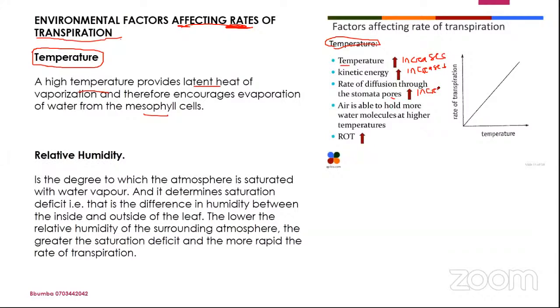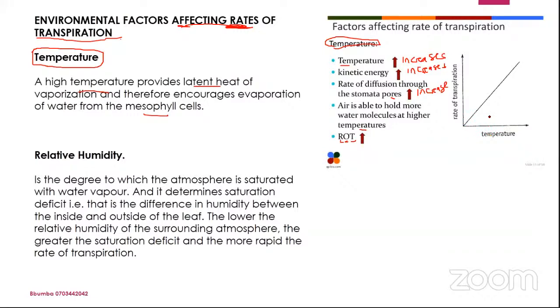Are you seeing how you explain this temperature thing? Then air is able to hold more water molecules at higher temperatures also. And also the rate of transpiration increases. And you can see here in this graph, which is simplified, on the vertical axis you have rate of transpiration, and on the horizontal axis you have temperature.